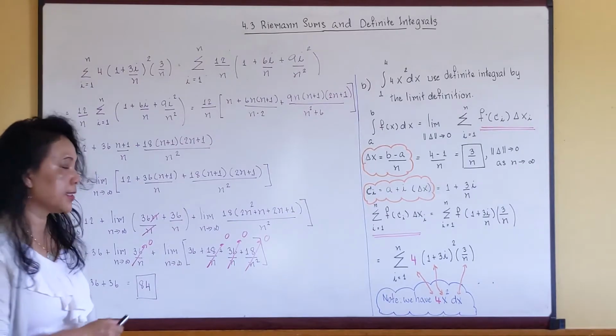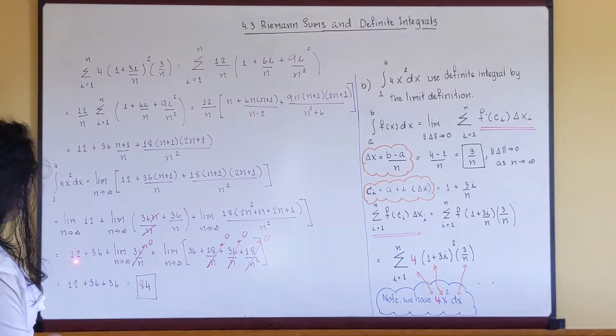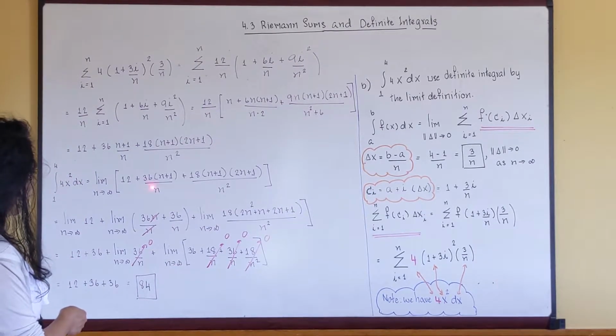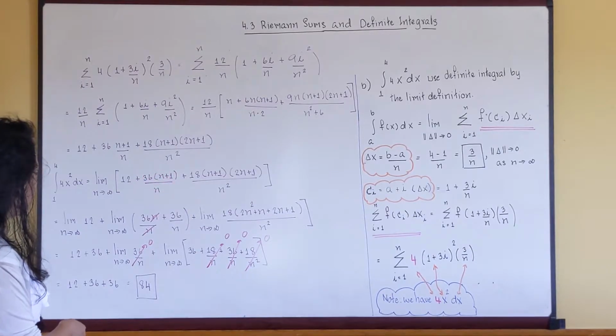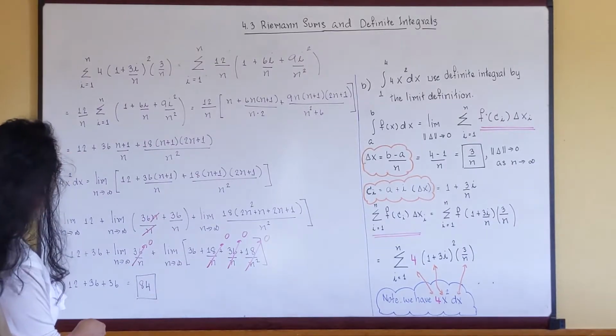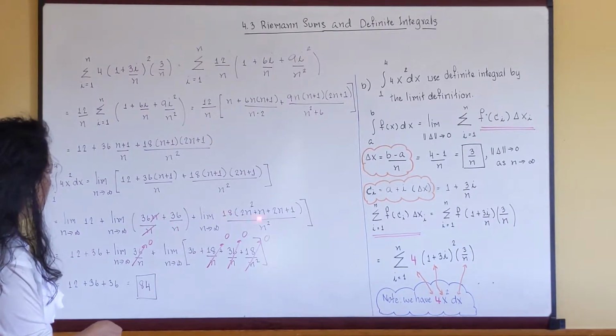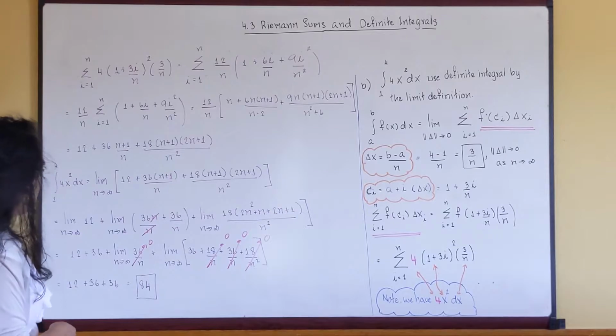Now limit of constant is just constant, which is 12. Because of this term, I distributed 36 in, so I have 36n plus 36, but all of this multiplied by n. Then I break it down into parts and then simplify it. Same idea as this one.